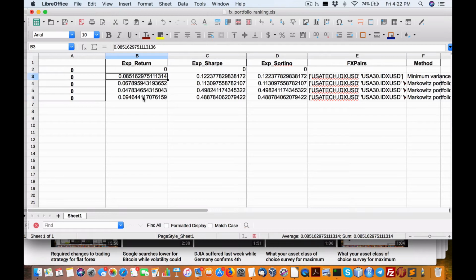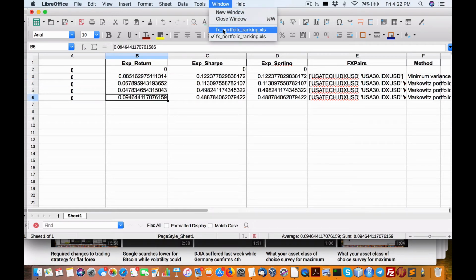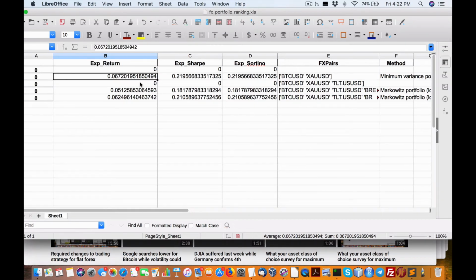But the idea here is to give you an idea of where you should deploy your capital to get, again, and I'm going to underline this, maximum return. So for the amount of risk that you're putting on, you want the highest rate of return. This would make sense to put the majority of your cash into indices or ETFs versus something like the commodity, because you're only going to get 6 or 6.7% using the Bitcoin or gold, let's say.